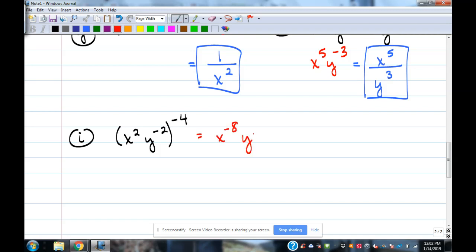Y to the negative 4 times negative 2, negative times negative is a positive. So that's positive 8 on the y. Okay? The x needs to move. Good, Robert. So what's on top? Final answer. Y to the 8 over x to the positive 8.